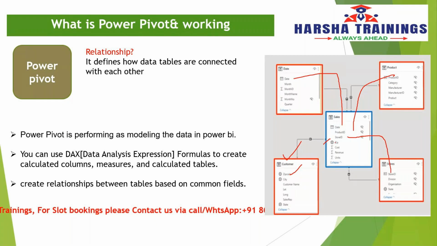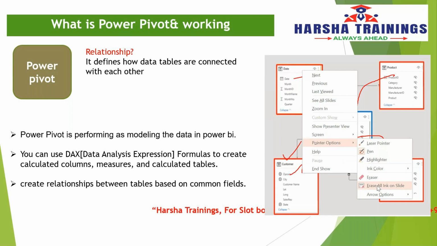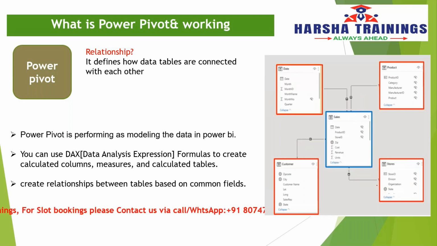Is that clear why we need to go for data modeling, everyone? I'm just giving a simple introduction about data modeling. I hope everyone is clear. If anyone did not understand, please let me know.